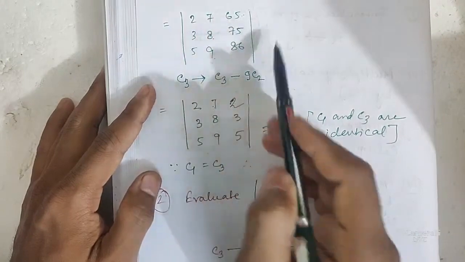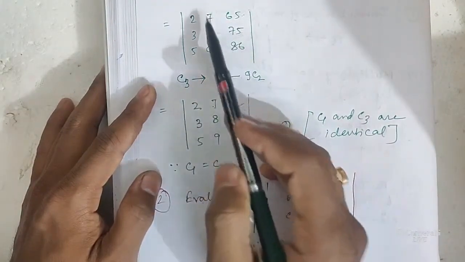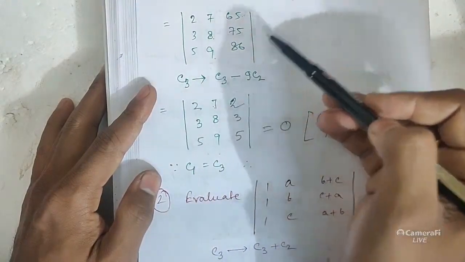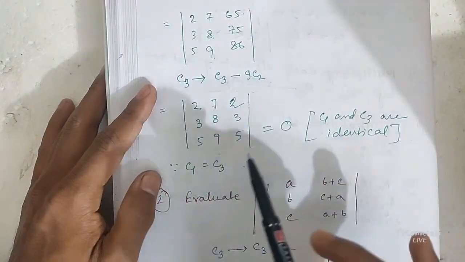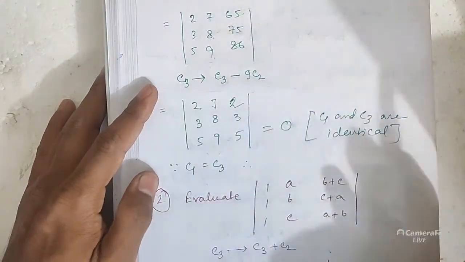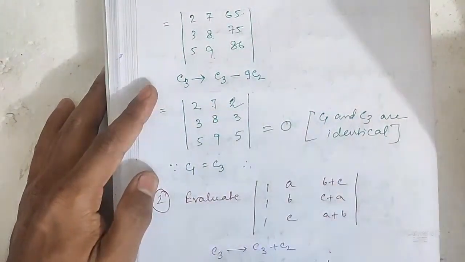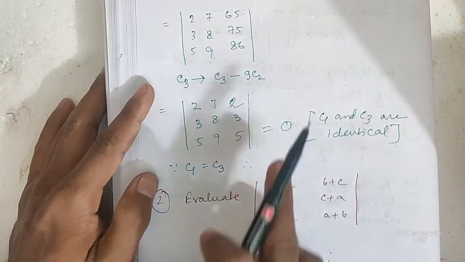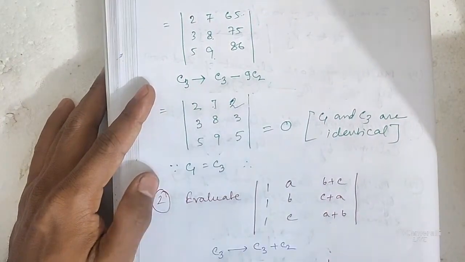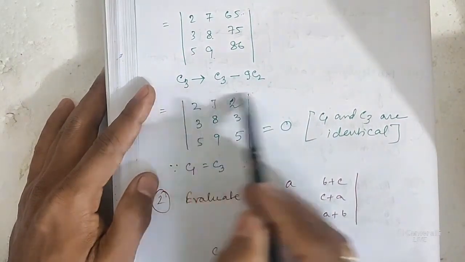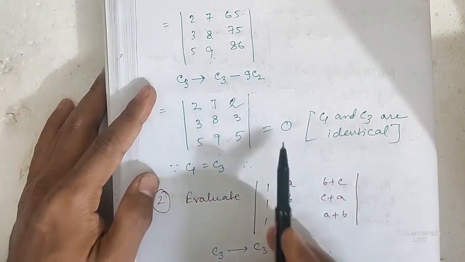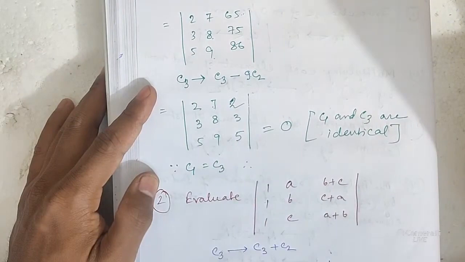If you do C3 minus 8C2, then also one result you will get, and by doing another operation you can get the answer. So a few more steps you have to do, but the result will become 0. So this operation can differ, but the value will be same.